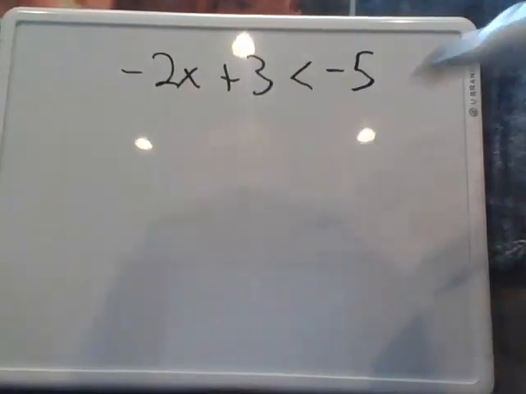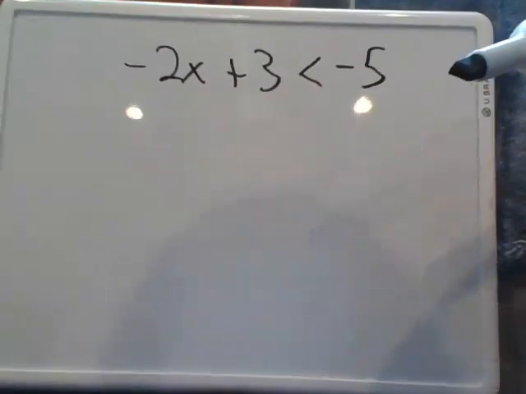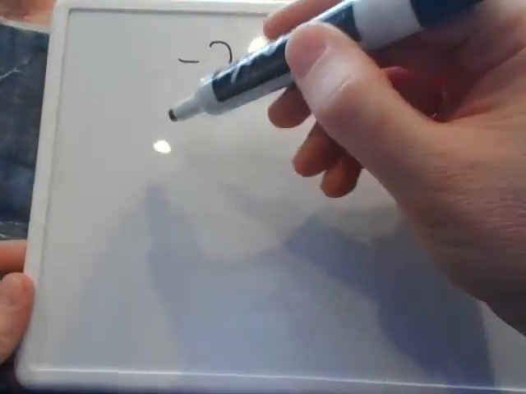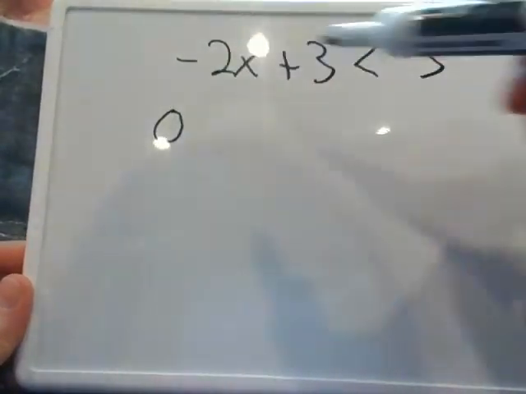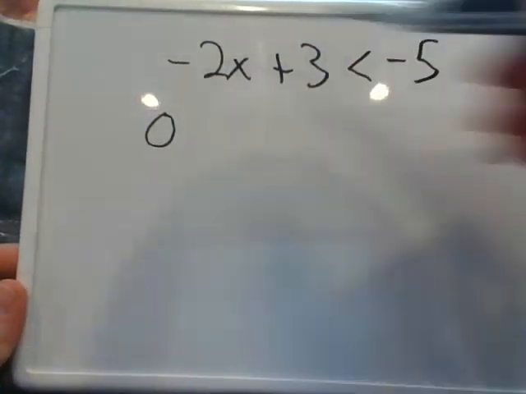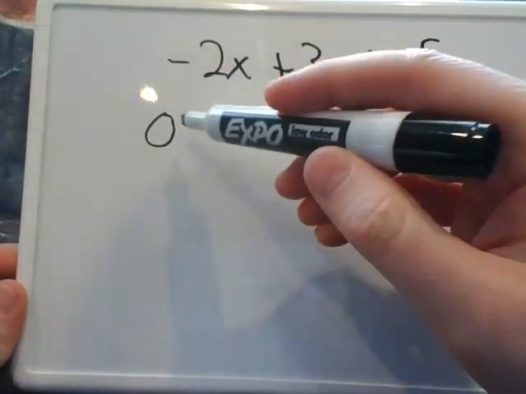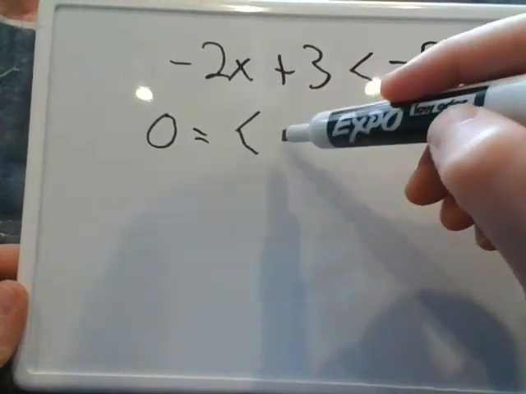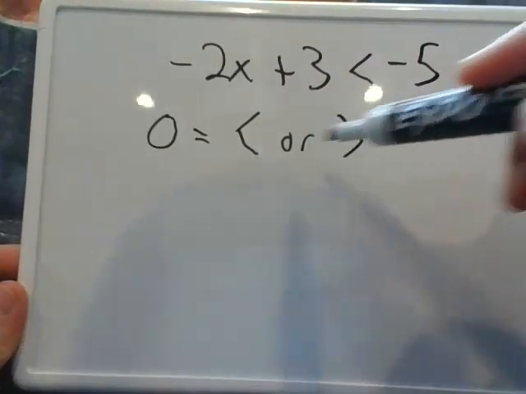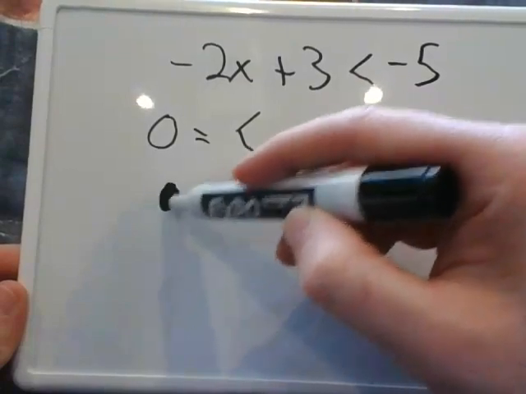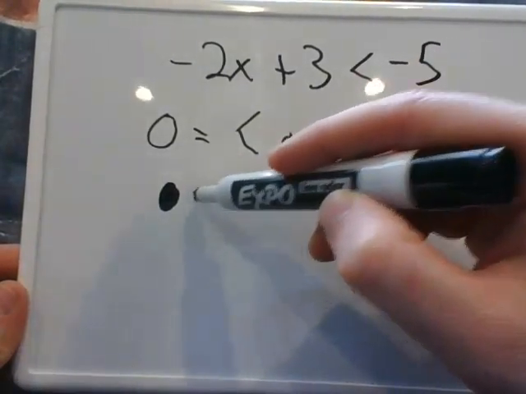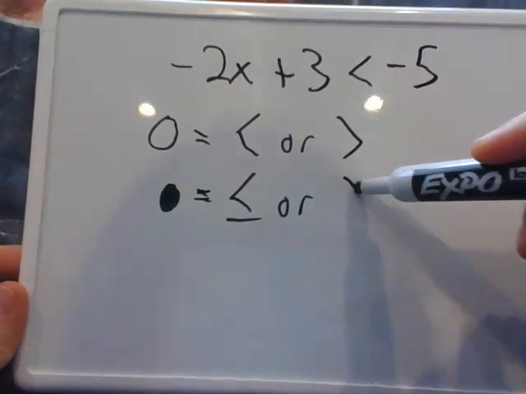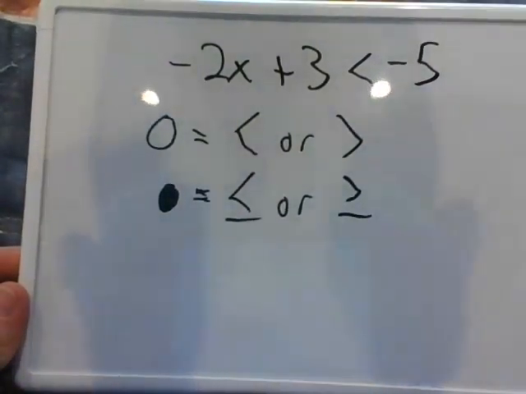So you'll be given different choices of the graphs to use. Now, on the graphs, if you have an open circle on the point where the answer is, you got to figure out the answer first. But if it's an open circle, that means less than or greater than. If you have a filled in circle, a dot, that means less than or equal to or greater than or equal to. So this is important to remember.